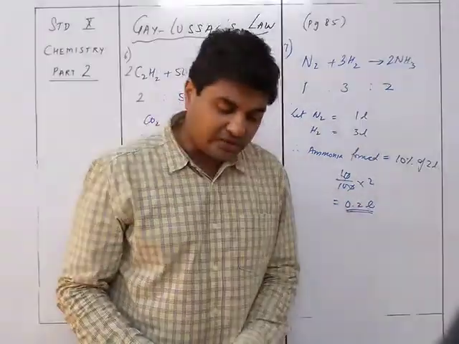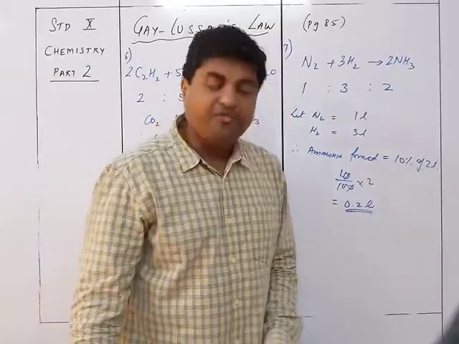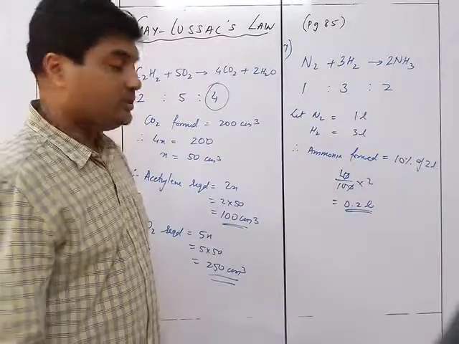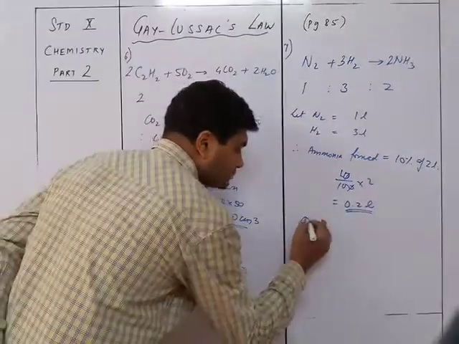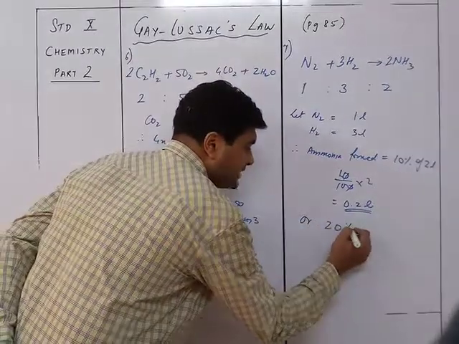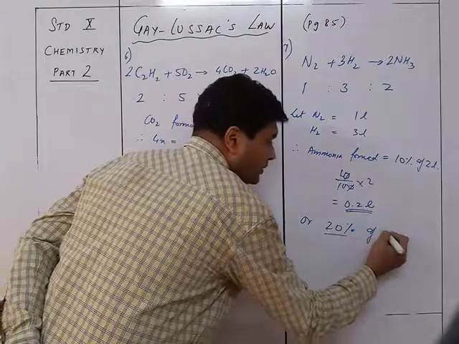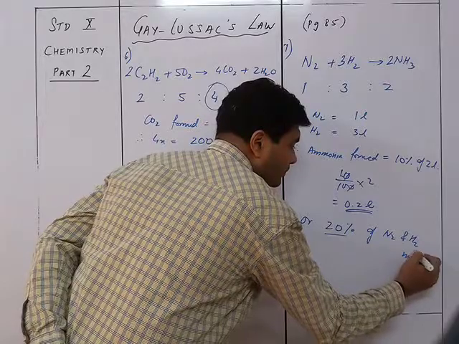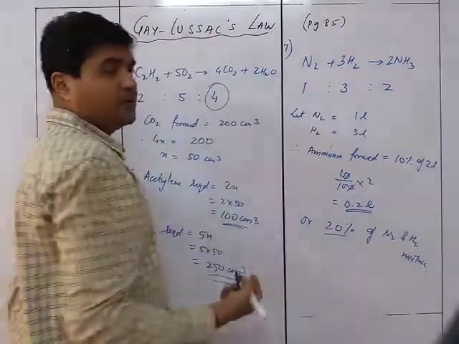So what is the question? The question is to calculate the volume of ammonia formed. So the ammonia formed will be 0.2 liters, or 20% of the N2 and H2 mixture, because I don't know whether it is 1 liter or 3 liters or 2 liters.